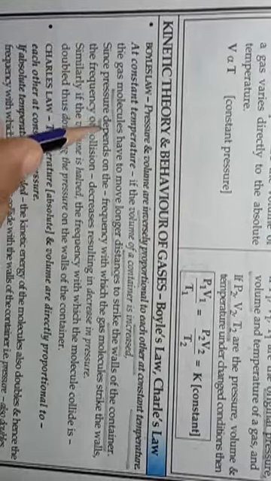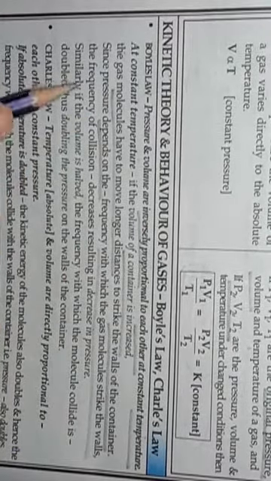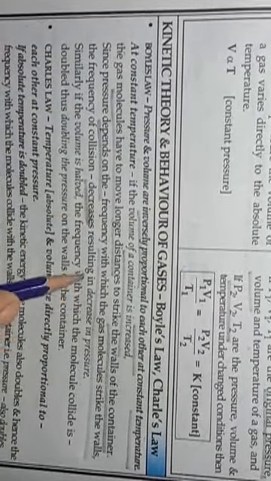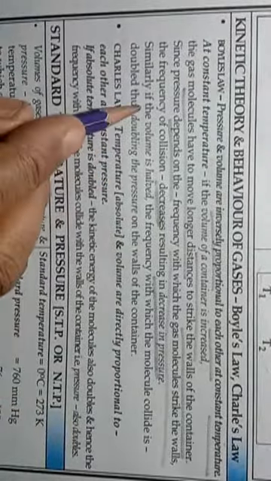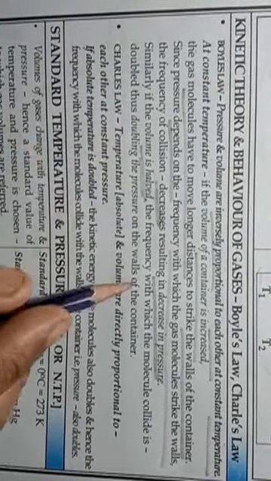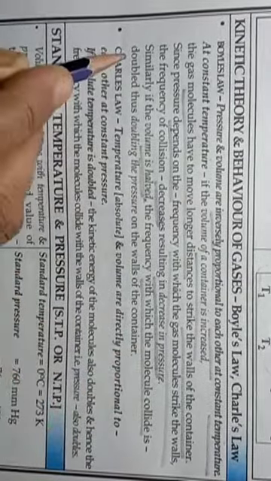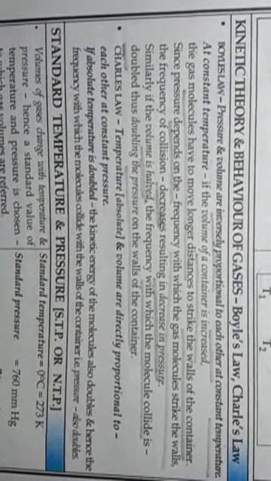Since pressure depends on the frequency with which the gas molecules strike the wall, the frequency of collision decreases, resulting in a decrease in pressure. Similarly, if the volume is halved, the frequency of molecular collision will be doubled, and that is why the pressure on the walls of the container will increase.